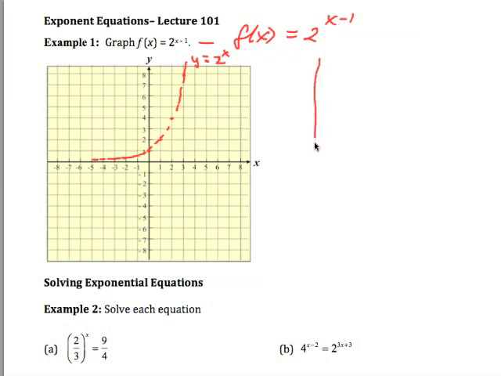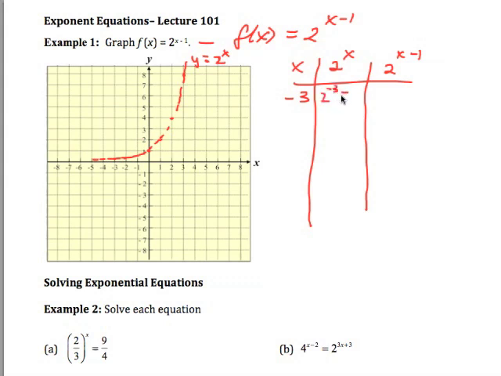So let's put x here, 2 to the x, and this would be 2 to the x minus 1. Now remember that our domain can be anything, so let's start with x equals negative 3. This will be 2 to the negative 3, which of course is 1/8, because that's 1 over 2 to the 3.